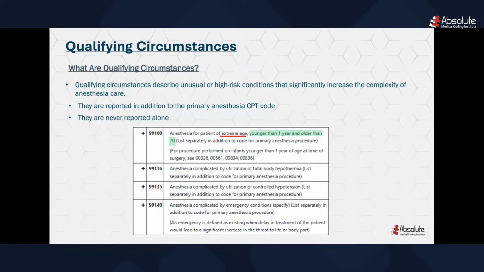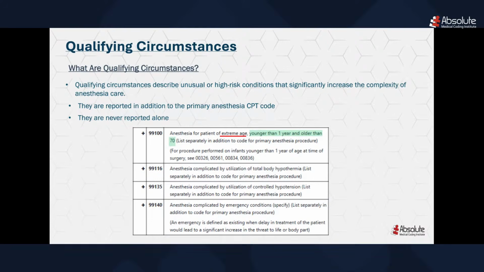Third is 99135. 99135 is for procedures where controlled hypotension is used. That means the anesthesia provider intentionally lowers the patient's blood pressure during the surgery, and this also requires extra skill and monitoring.